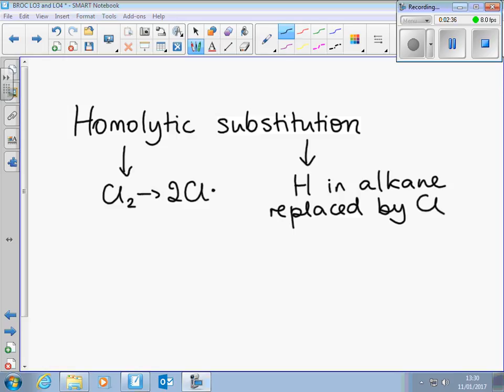If you have a look at what that mechanism shows in those diagrams, it does look complex, but you've got the 3 diagrams there. Stage 1, initiation, is producing free radicals. Stage 2, propagation, you get this chain reaction, and I'm going to explain that.